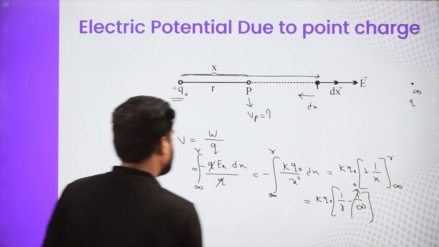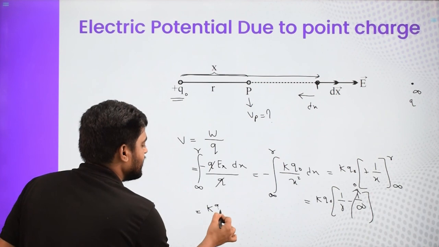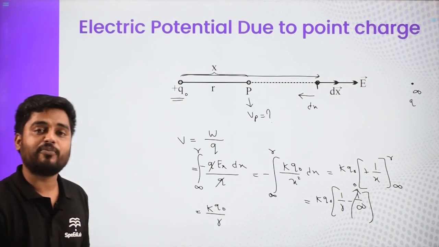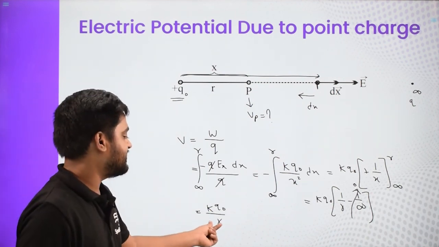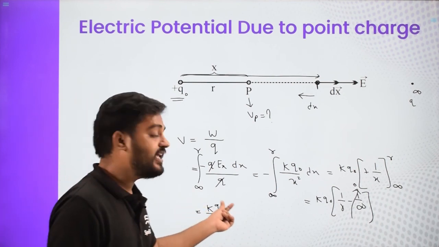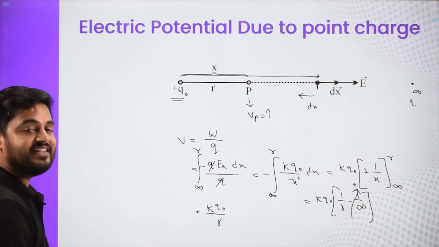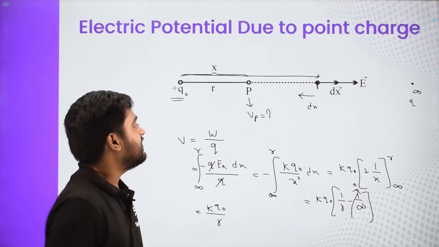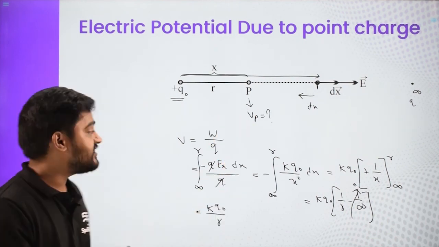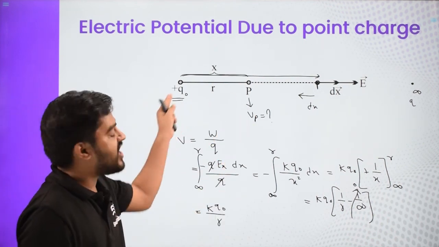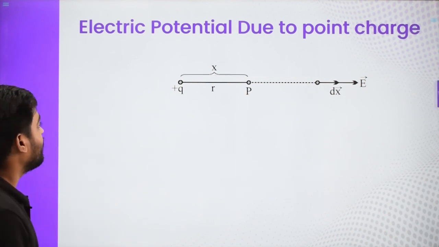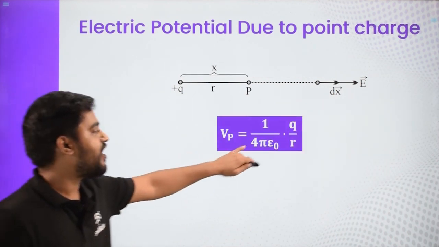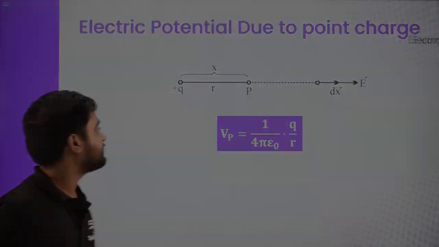So this is k q naught by r. So we say that the potential due to a point charge at distance r is given by kq by r, where q is nothing but the charge and r is the distance of the point from the charge. So this is the formula kq by r.